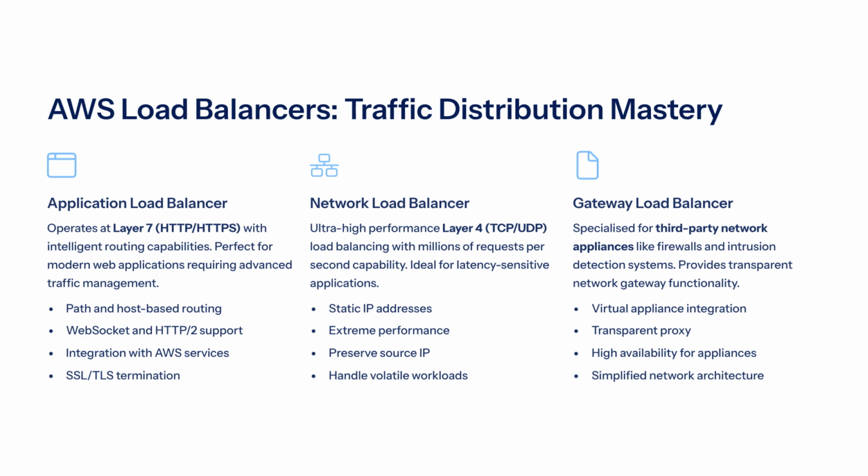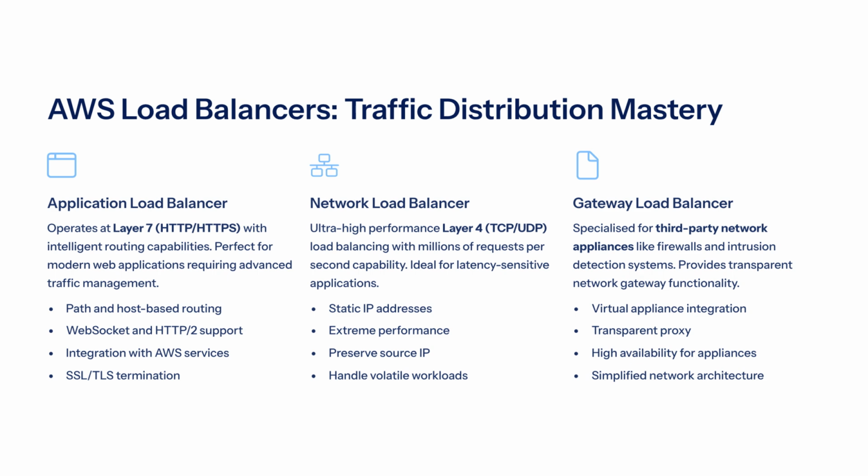Here's another interview classic. What are the different types of AWS load balancers, and when would you use each of them? The short answer is that AWS provides three main types of load balancers. The Application Load Balancer, or ALB, operates at layer 7 and handles HTTP and HTTPS traffic with advanced routing features.